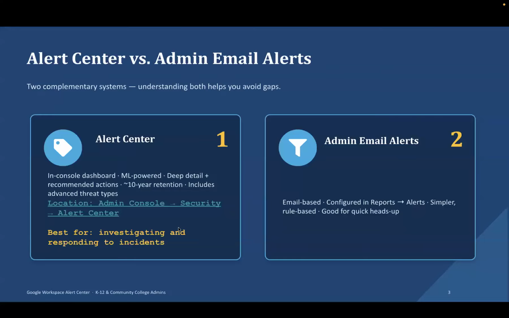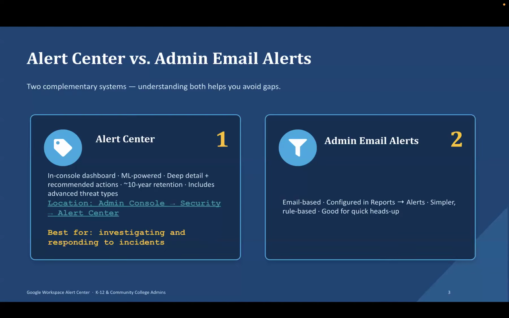So, Alert Center versus your admin email alerts. Alert Center is actually powered in the background and it's pulling from the Google admin logs to provide all of these different types of things. It does not have to kick off an email to you about every little bitty thing.